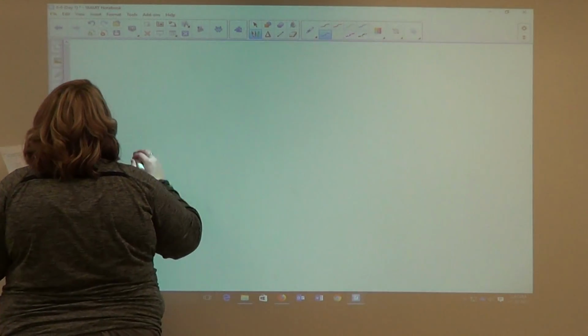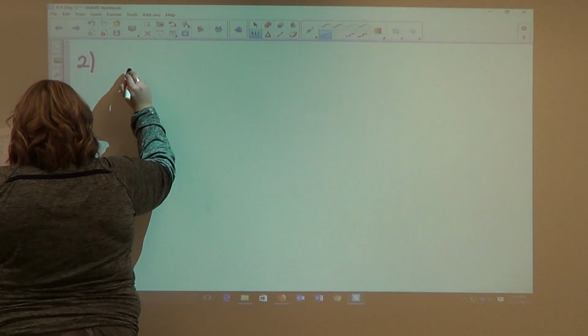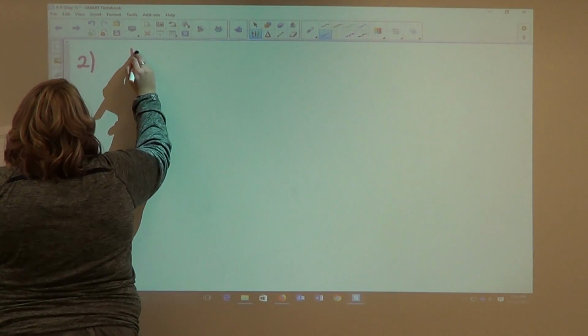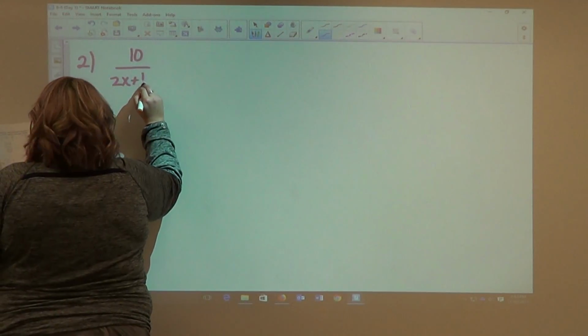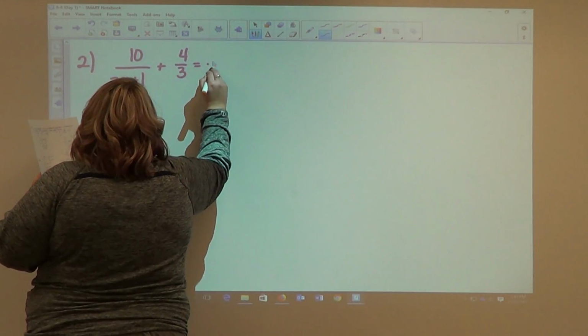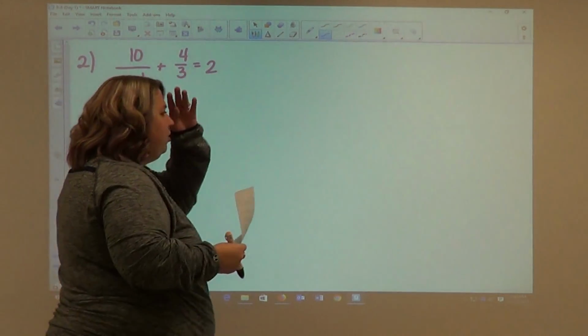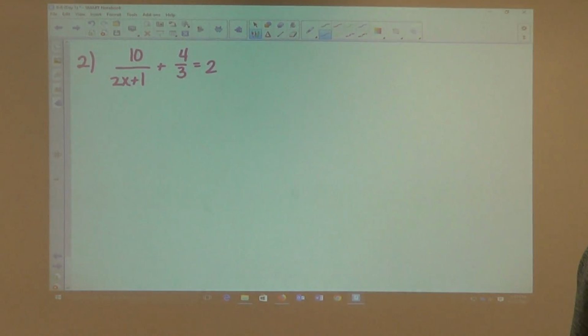Let's do another one like that. Okay, and how you know you can do that is if you only have one fraction that actually has a variable.